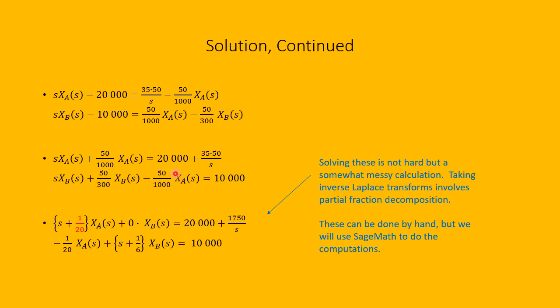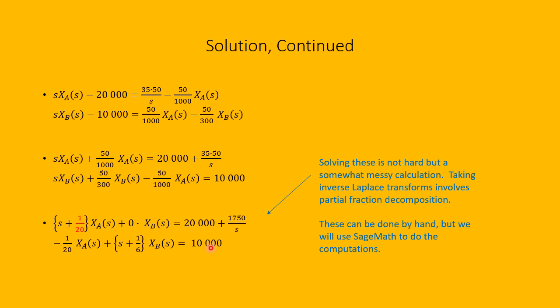We have a minus 50 over 1,000 X sub A of S. We can write that as minus 1/20th X sub A of S. And we also have two terms involving X sub B of S. We can combine them into this term, the quantity S plus a sixth times X sub B of S. And then on the right-hand side, we have 10,000.